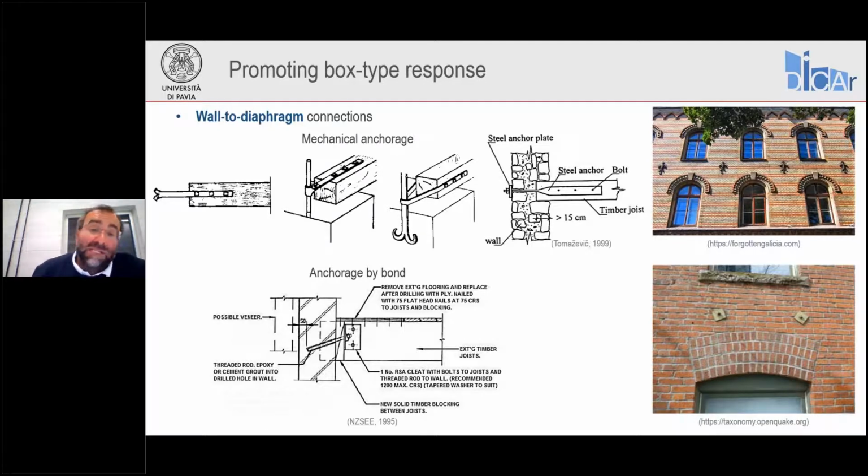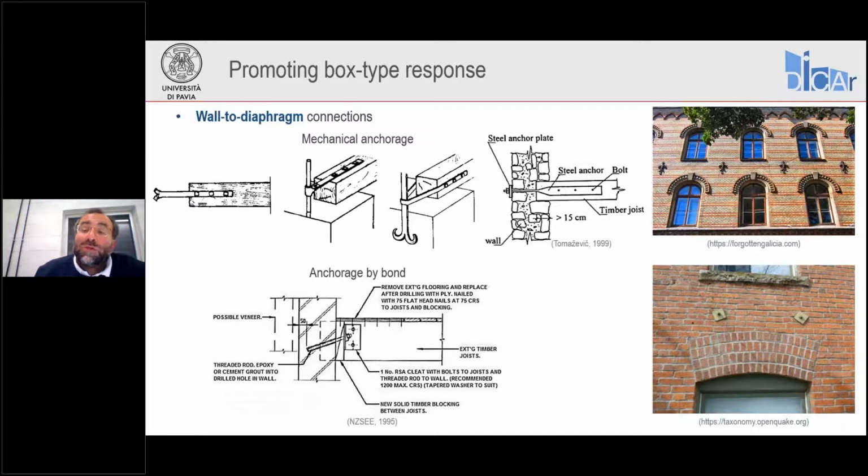However, in many cases, we just anchor mechanically the joist and the diaphragm to the outside of the wall. And in this case, we may have simple bearing plates or also other solutions with some aesthetical architectural value. This was especially done in the past. Also in the past, they knew the importance of connecting walls and diaphragms together, because we can find in many cases these solutions.